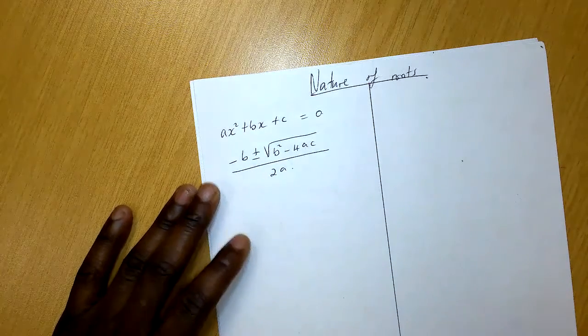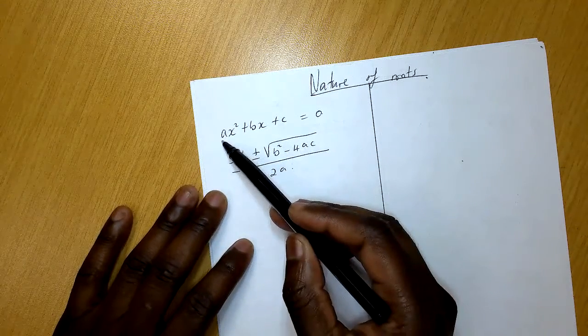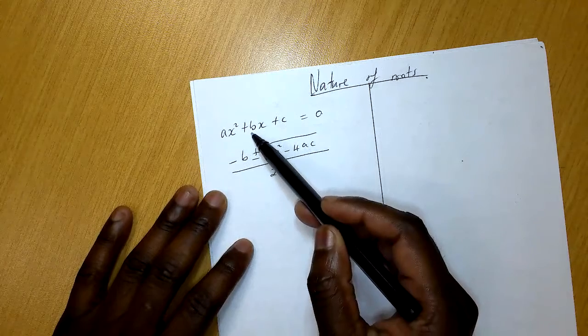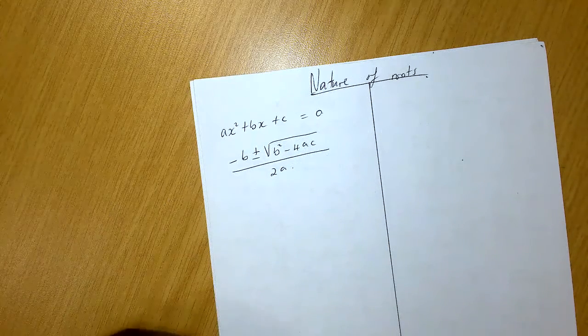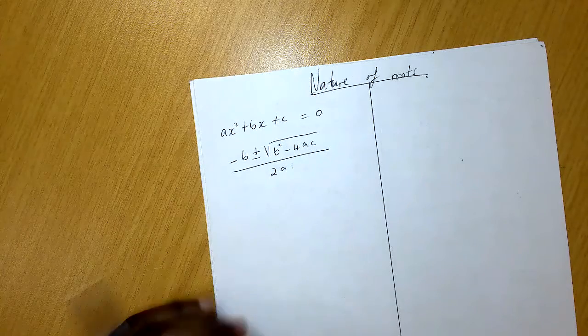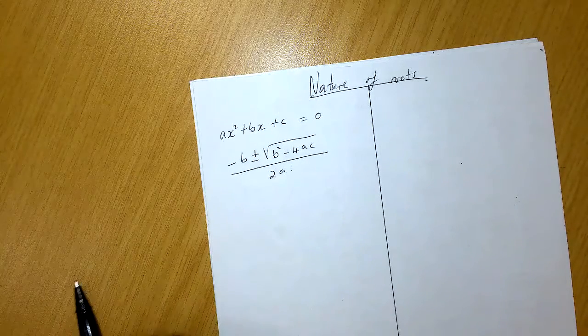Remember, a is the coefficient of x squared, b is the coefficient of x, and c is the coefficient of x to the power 0, which is just 1. So it's independent there, just sitting there. That's what you must know then.